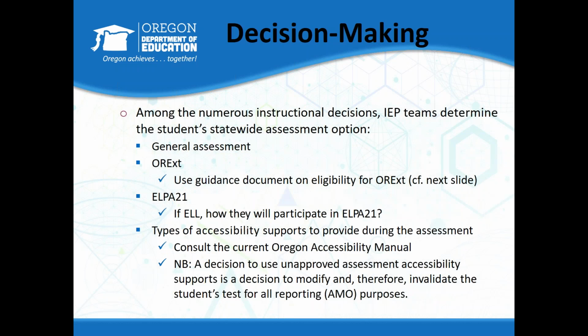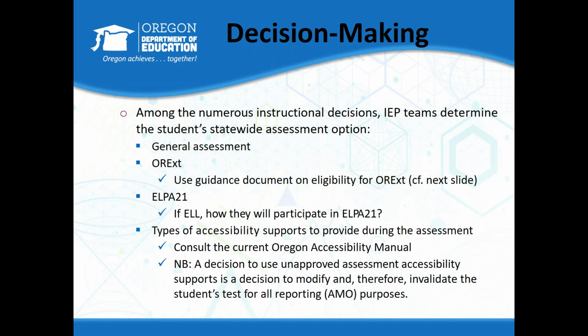So as mentioned in a prior slide, among the numerous instructional decisions, IEP teams determine the student's statewide assessment option: whether they'll participate in the general assessment with or without accommodations, or the extended assessment using the guidance document on eligibility for the Oregon Extended, which we'll talk about in just a moment, or ALPA 21, if EL, how they will participate in the ALPA 21, and then also the types of accessibility supports to provide the student during the assessment.